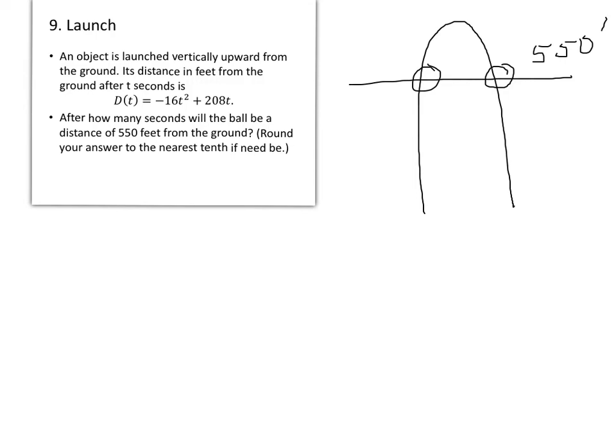So we'll have two values of t. However, if 550 feet is right at the top where it touches, then we would only have one value of t.